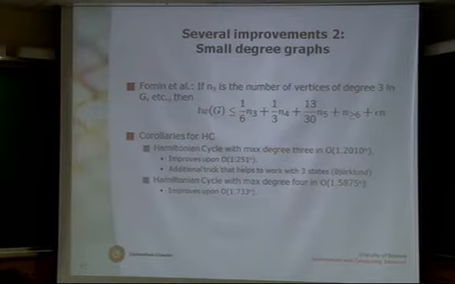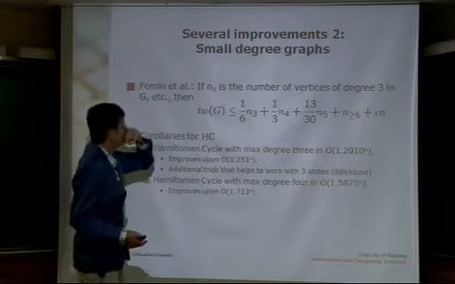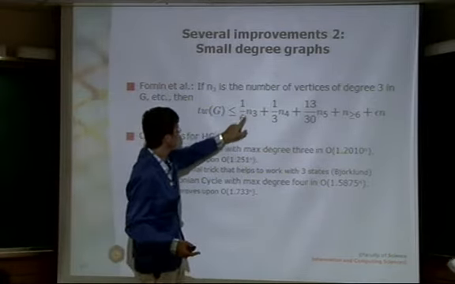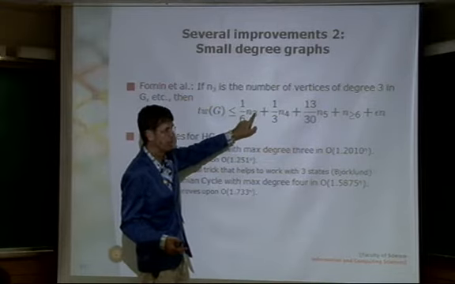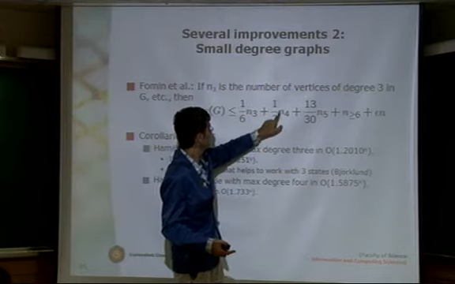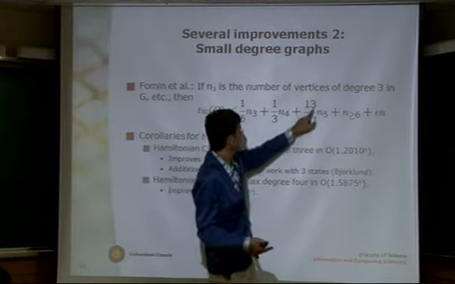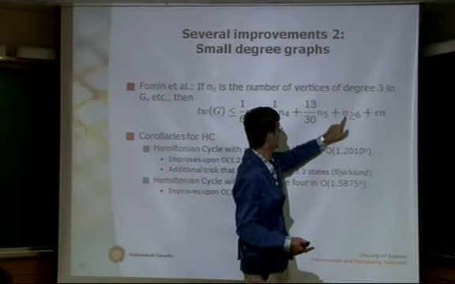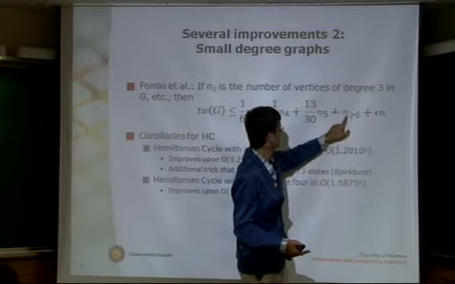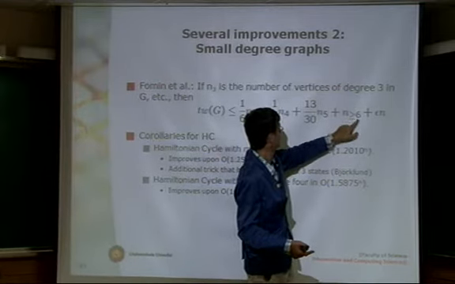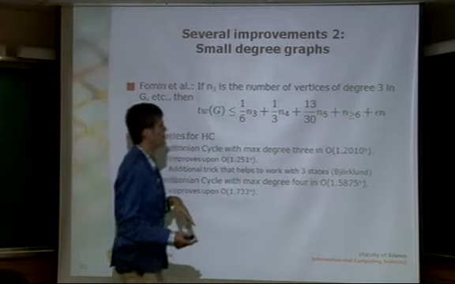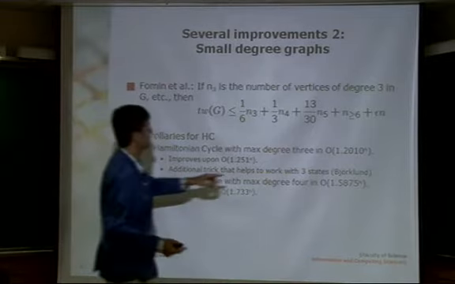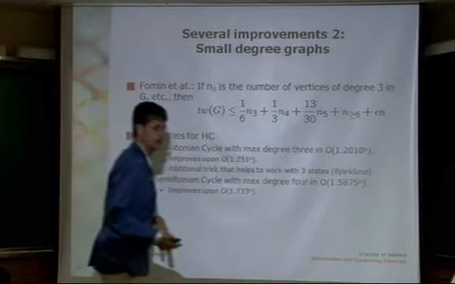There is a result by Fomin which tells me that the tree width of a graph is bounded by 1/6 times the number of vertices of degree exactly 3, plus 1/3 times the number of vertices of degree 4, plus 13/30 times the number of vertices of degree 5, plus the number of vertices of degree bigger than 6, and then some small term, epsilon n, where the epsilon can be as small as you want if n goes to infinity.